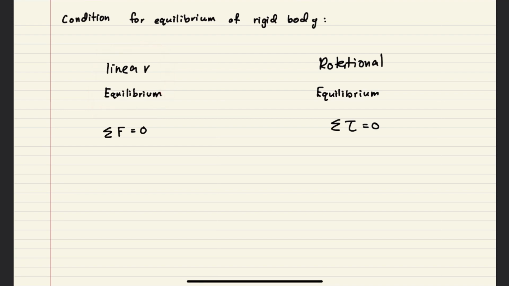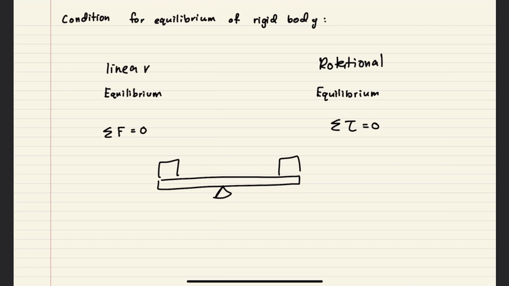So for example, maybe you can imagine that I have a plank, okay, and then I put two boxes, one at each end, and this one is at equilibrium, which means that it doesn't move. So it balances. Okay, so if it is balanced, first of all, the linear part should be in equilibrium.